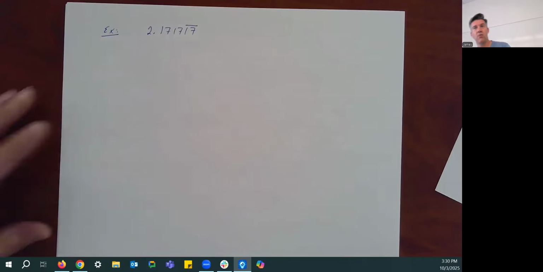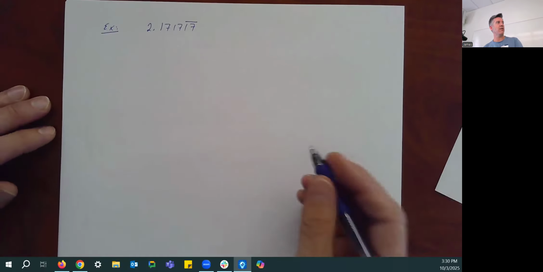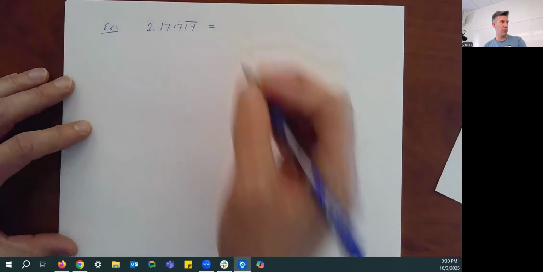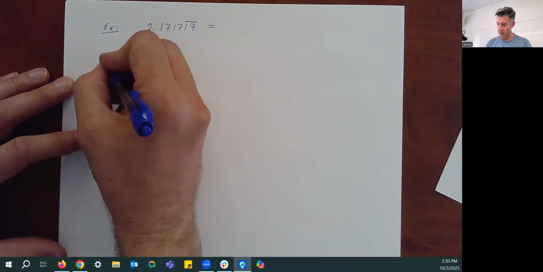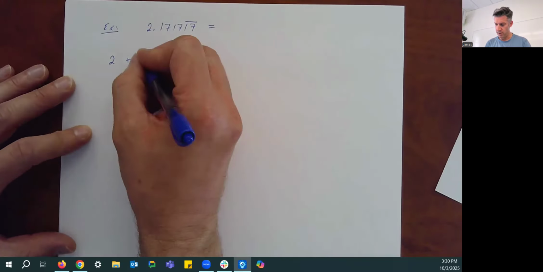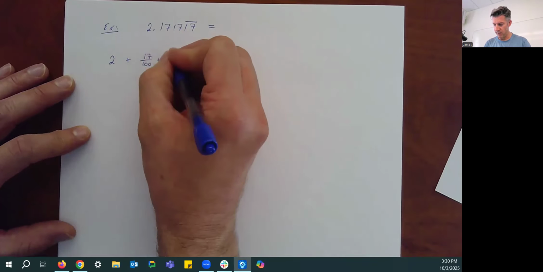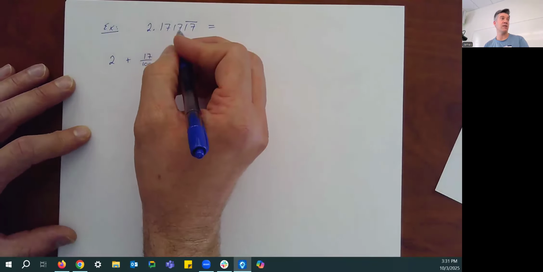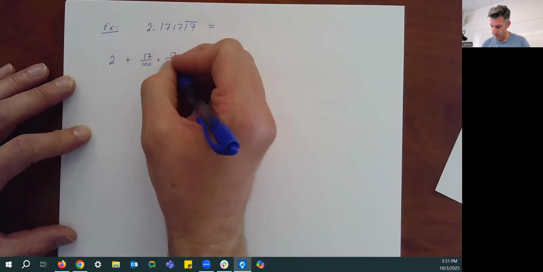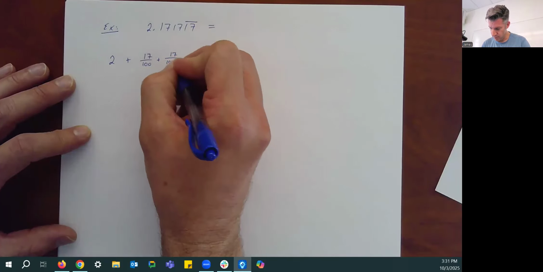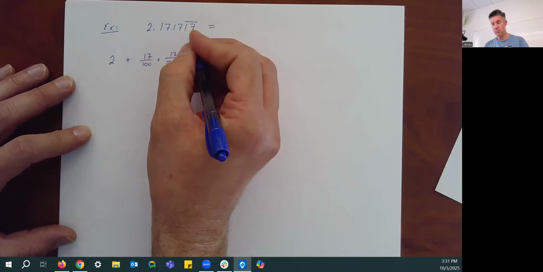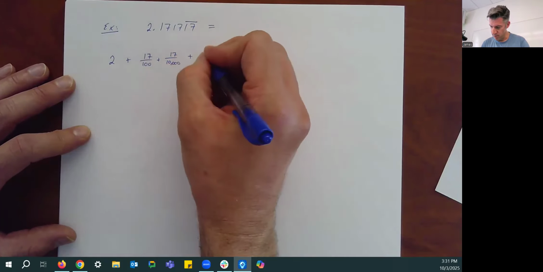So here's what we do. We're going to rewrite this as some fractions added together. The 2 is actually not really important here. The 2 is just kind of a red herring. This is 2 plus 17 over 100 plus 17, so this is 17, not thousandths, but 10 thousandths. And this is 17 millionths.